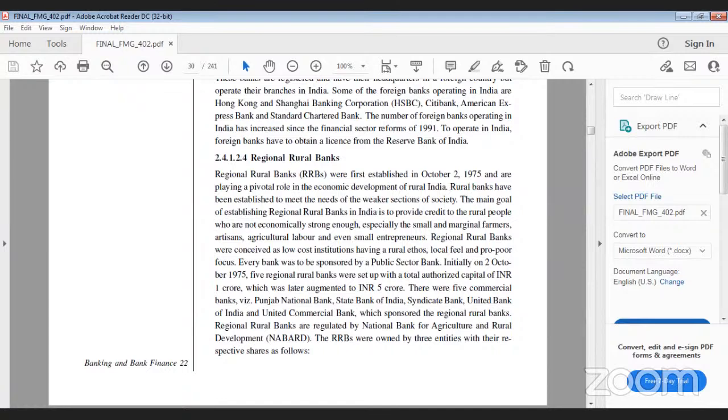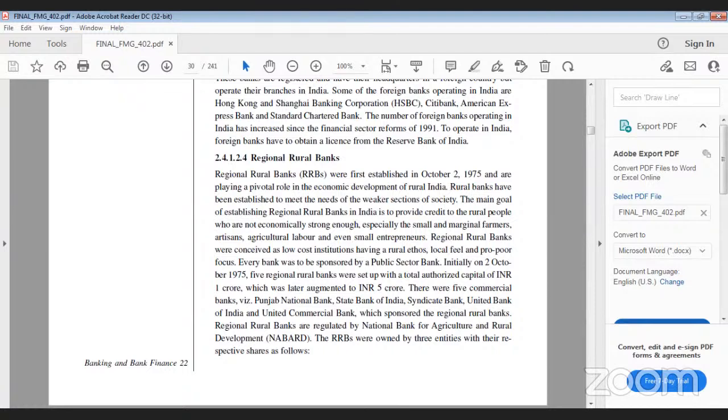They were sponsored by public sector banks. Initially, on 2nd October 1975, five regional rural banks were set up with a total authorized capital of 1 crore, which was later raised to 5 crore.